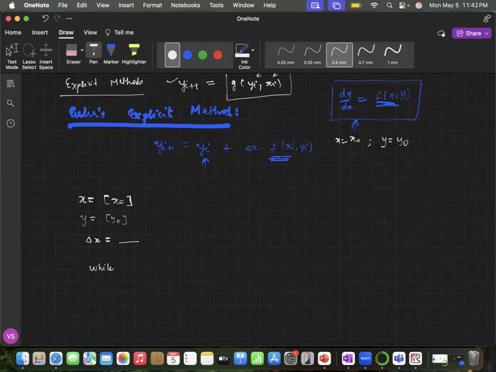So let's say I am specifying that XF is the last point at which I need the solution, right? And based on that, I say that while whatever is the last element in my X array has not reached XF, we can go on. And as soon as it reaches XF, we have to stop, right? So this is what I generally write as a condition, right?